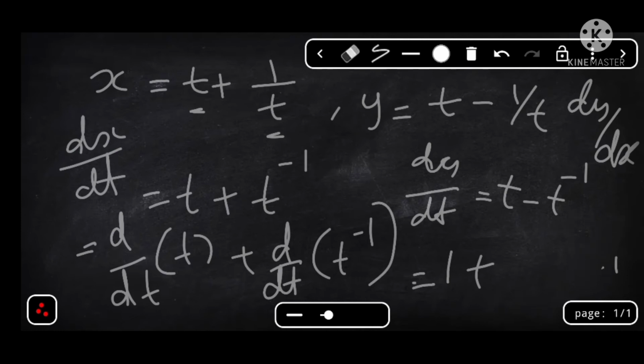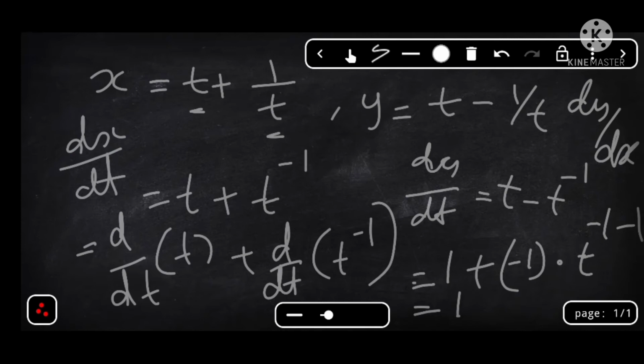Those who are attending this for the first time, for them I am explaining. Others, it will be clear because I have already explained it. So here what will it be? Minus 1 into t raised to minus 1 minus 1. That is 1, so this is minus 1, right?